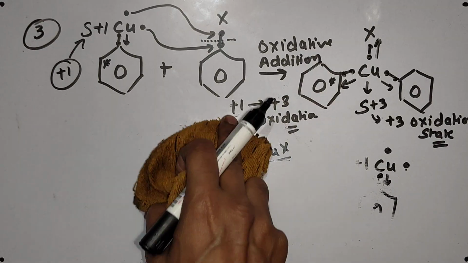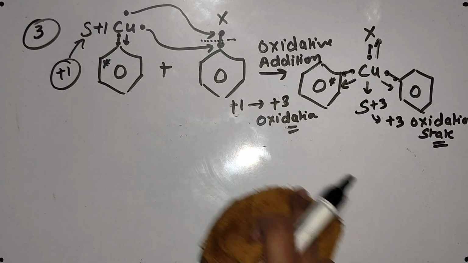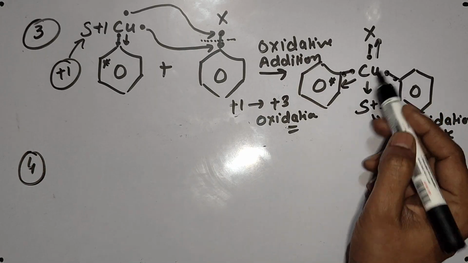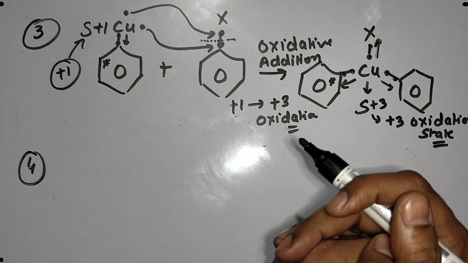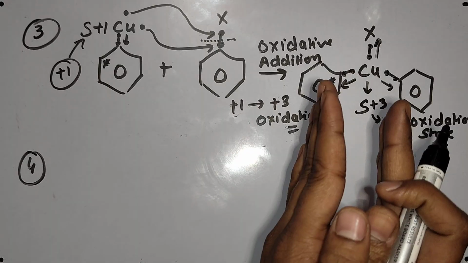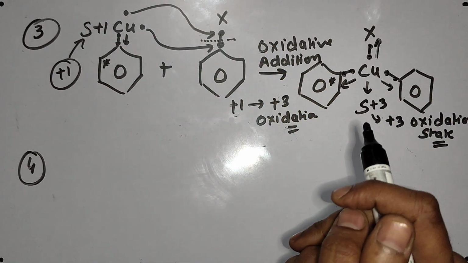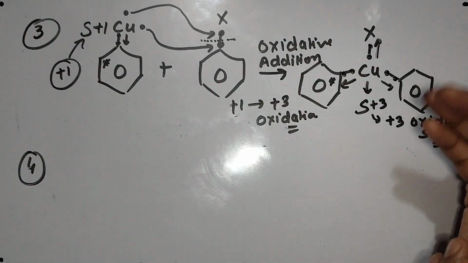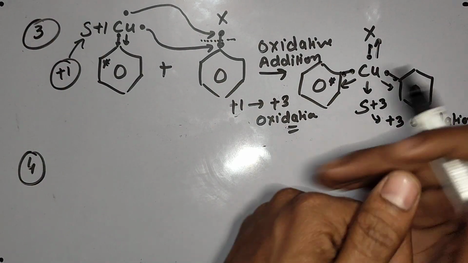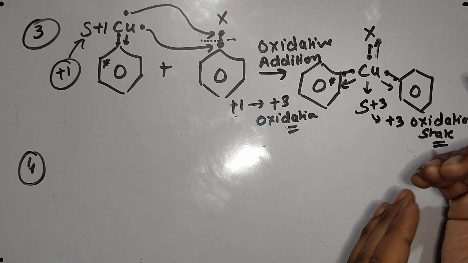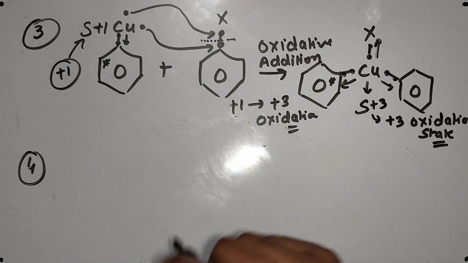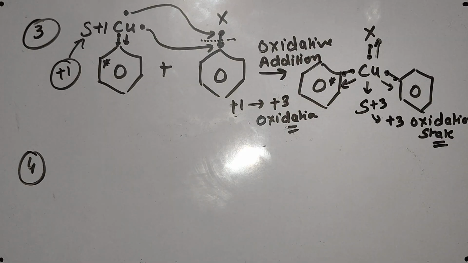Fourth step, the last step. In +3 oxidation state, copper is highly unstable. It is very difficult for copper to lose a total of 3 electrons. We know copper can lose 1 electron, so the oxidation state can be +1. Copper can lose 2 electrons, so the oxidation state can be +2. +1 and +2 valencies are common for copper, but we have never found +3 oxidation state because it is very difficult for copper to lose 3 electrons.